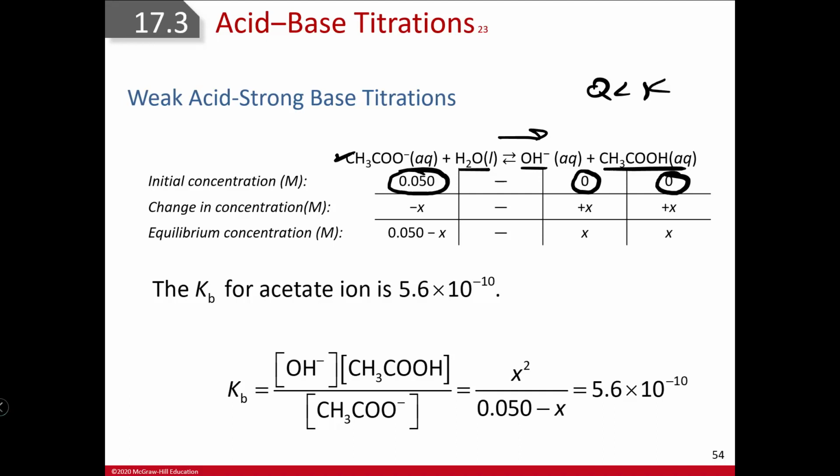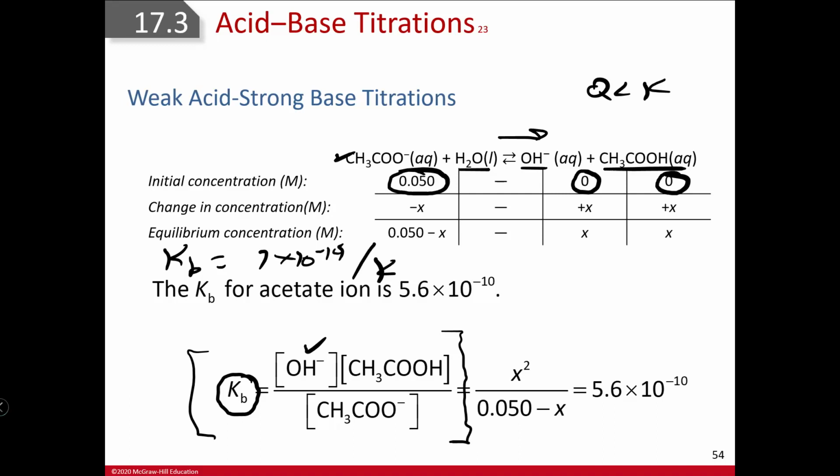And this is the expression that we're going to write. It's products over reactants, and because the hydroxide ion concentration is in this expression, we know that we need the Kb, not the Ka. To find the Kb, we learned that Kb equals 1 times 10 to the negative 14th divided by the Ka.